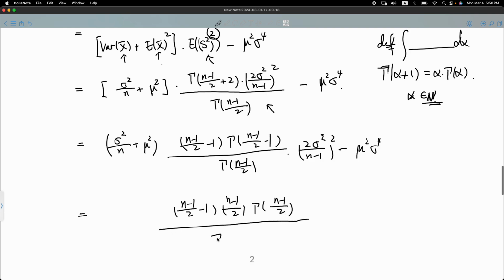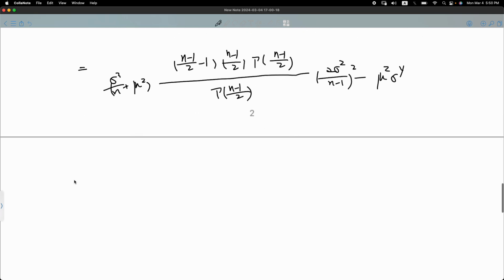If you apply that again, it will cancel out with the gamma function in the denominator, so everything else stays the same. Multiplied by that, and then minus that. So the final answer should be sigma squared over n plus mu squared.